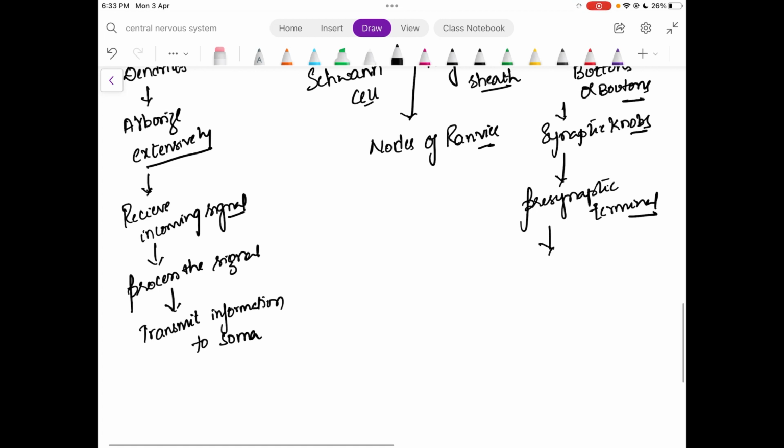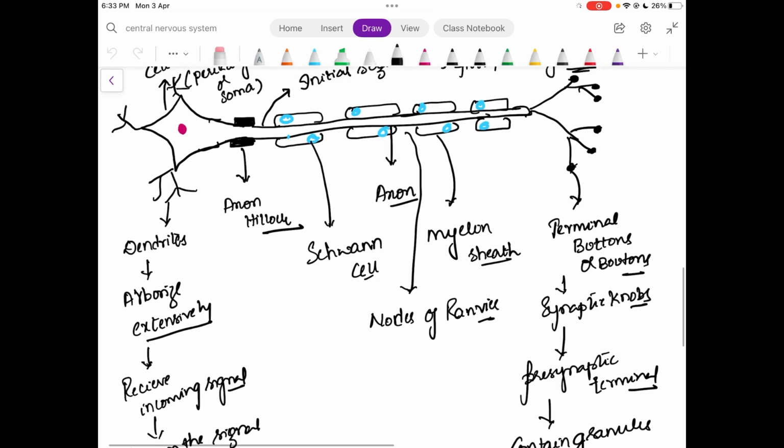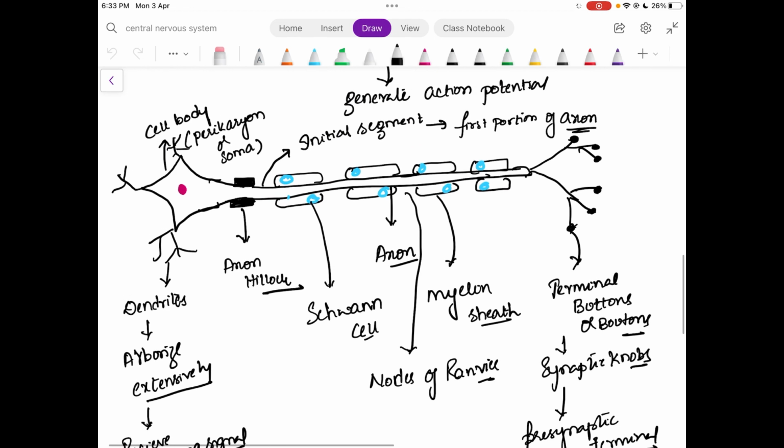These synaptic knobs contain granules or vesicles. What is the function of these granules and vesicles? They store neurotransmitters so that they will stimulate the structures. These neurotransmitters can be inhibitory or excitatory. So this is the basic structure of a neuron.